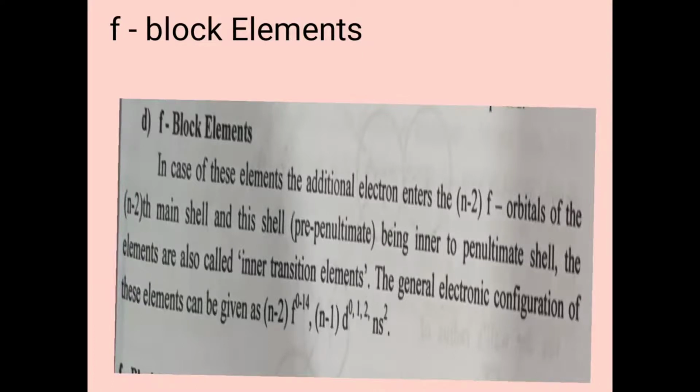The general electronic configuration of these elements can be given as (n-2)f0 to 14. F block elements are of two types, 4f series and 5f series.